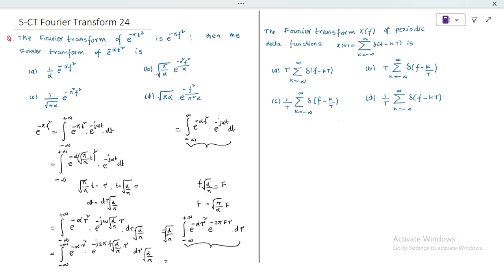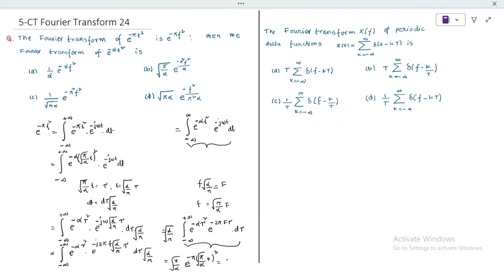Now I'm sending it to the other side: under root of pi by alpha into e power minus pi. What is the pi value? We should replace f by under root of pi by alpha f whole square.